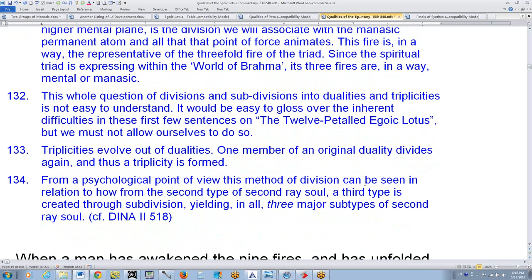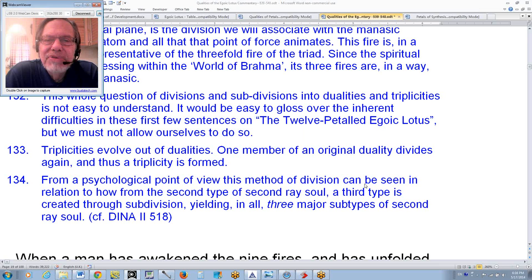So this whole question of divisions and subdivisions into dualities and triplicities is not easy to understand, and it would be easy to gloss over the inherent difficulties in the first few sentences on the 12-petaled Egoic Lotus. But we must not allow ourselves to do so, and we have not, not that I suggest that you concentrate all that excessively on what has been proposed here. Triplicities evolve out of dualities, and one member of an original duality divides again, and thus a triplicity is formed.